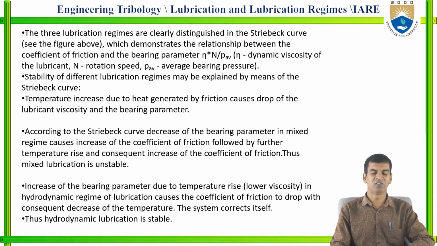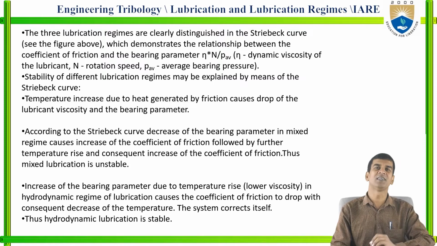Now we will see how. Temperature increases due to the heat generated by friction, causing a drop in lubricant viscosity and the bearing parameter. Generally, when two surfaces move in contact with each other, heat is generated due to friction, and the temperature increases.